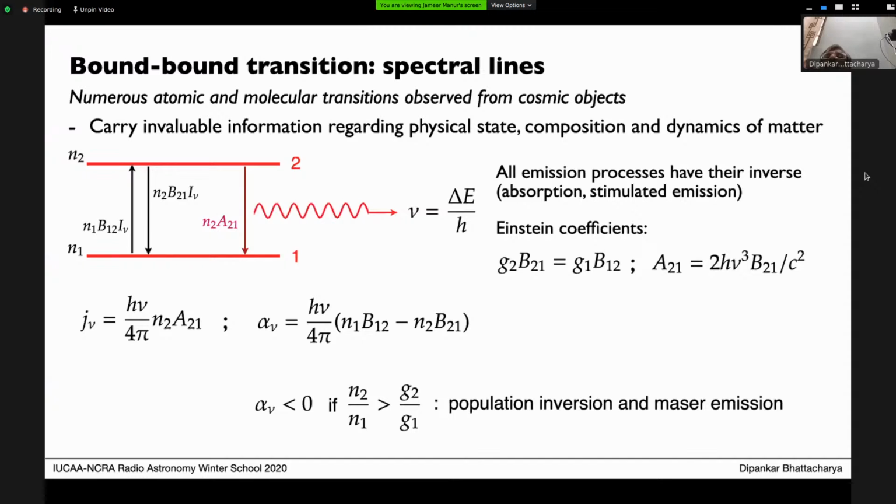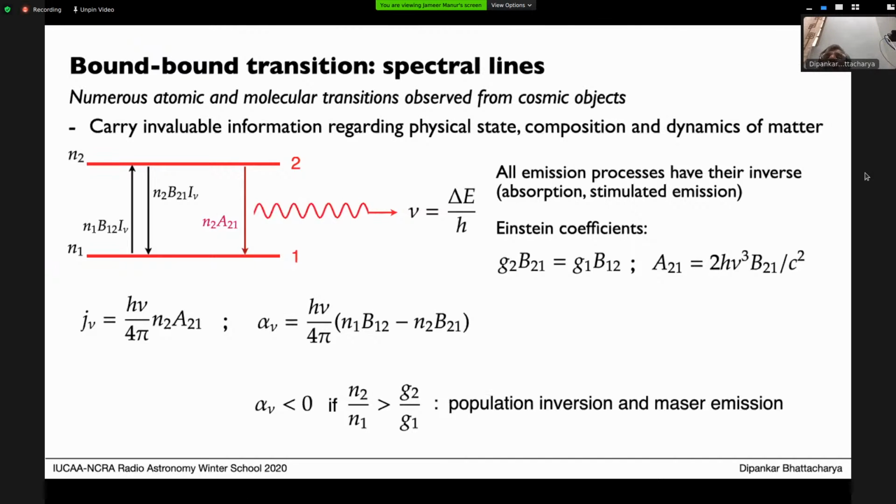Now these terms can be gathered to express our familiar emission coefficient and absorption coefficient. So the emission coefficient is simply the number of spontaneous radiative transitions per unit time, which is proportional to N2 times the probability A21 times the energy carried by each such transition, h nu.